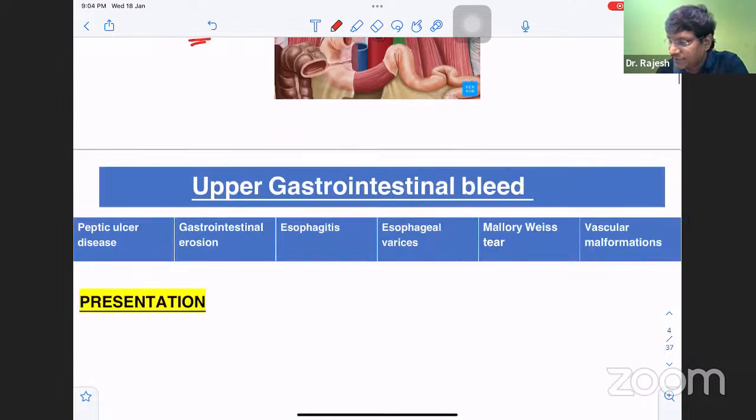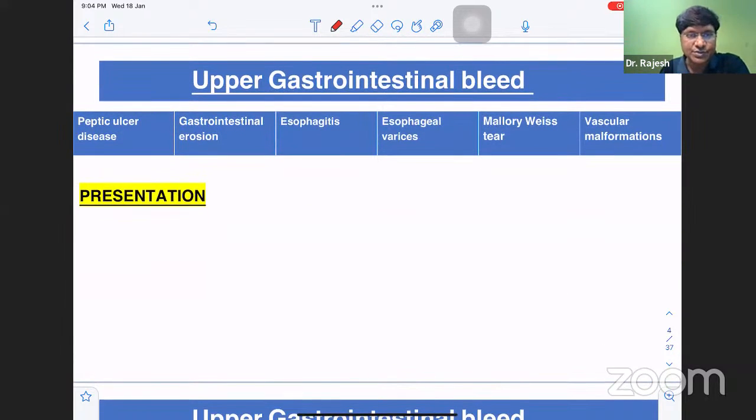What are all the various sources of the upper gastrointestinal bleeding? Peptic ulcer disease can present with upper gastrointestinal bleed, as can gastrointestinal erosions, esophagitis, esophageal varices, Mallory-Weiss tear, as well as vascular malformations. These are all the conditions which will present with the upper gastrointestinal bleed.